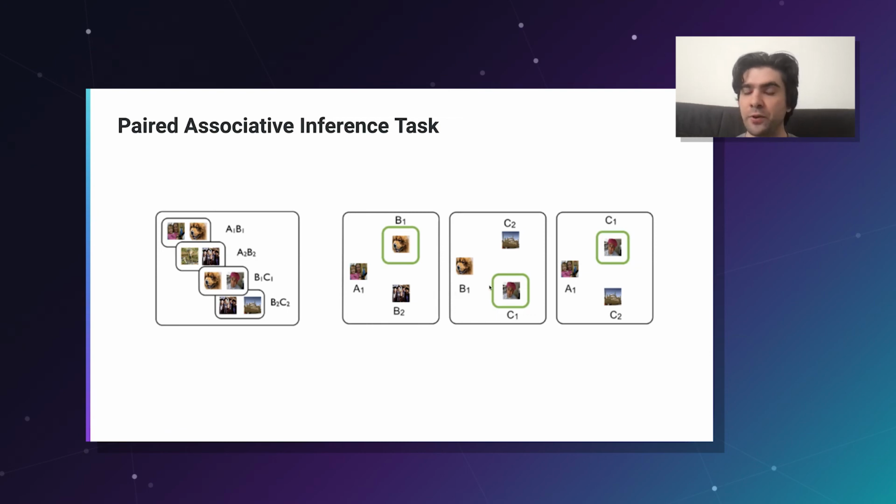So those are the trivial examples, but it also includes examples where you have to do this multi-hop reasoning. In order to get this association from A1 to C1, you have to associate A1 to B1 and then B1 to C1 in this next set.